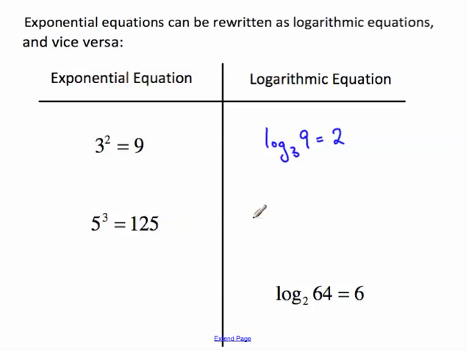Similarly, if 5 to the power of 3 is equal to 125, we can write log base 5 of 125 is equal to 3. Both of these equations are representing the same relationship, they're just doing it in a different way. We can start from the log equation, log base 2 of 64 is equal to 6. That's telling us that as an exponential equation, 2 to the power of 6 is equal to 64.